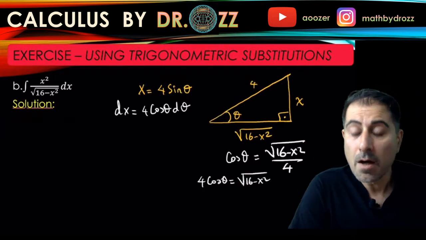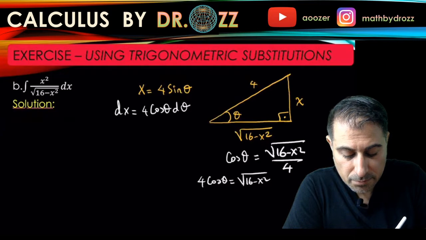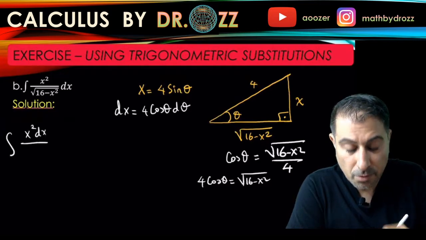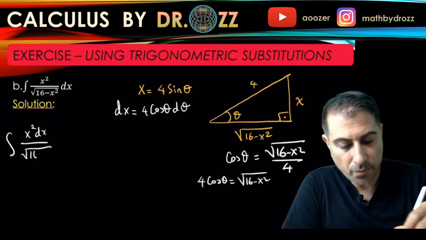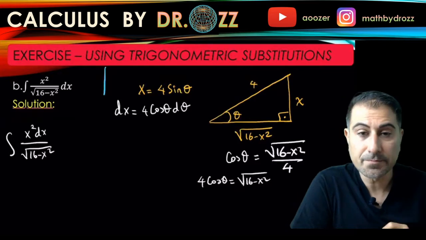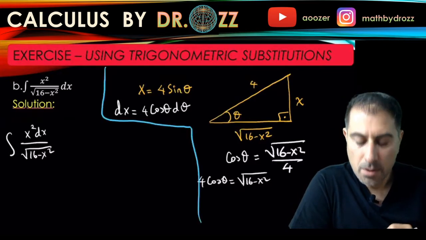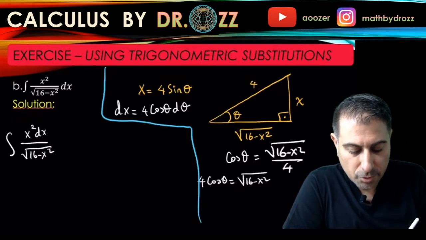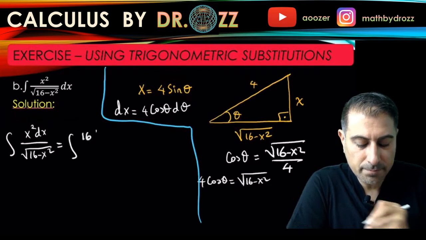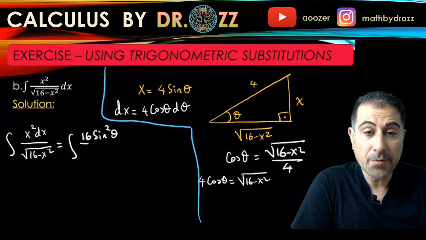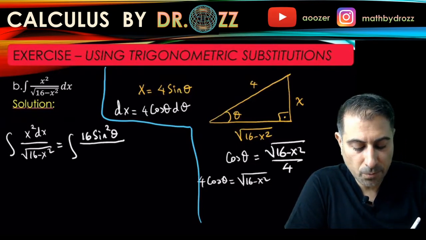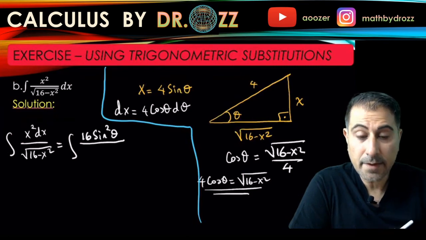All right, so let's rewrite this integral in terms of only theta. So x squared is going to be 16 sine squared theta, divided by the square root of 16 minus x squared, which is found as 4 cosine theta.